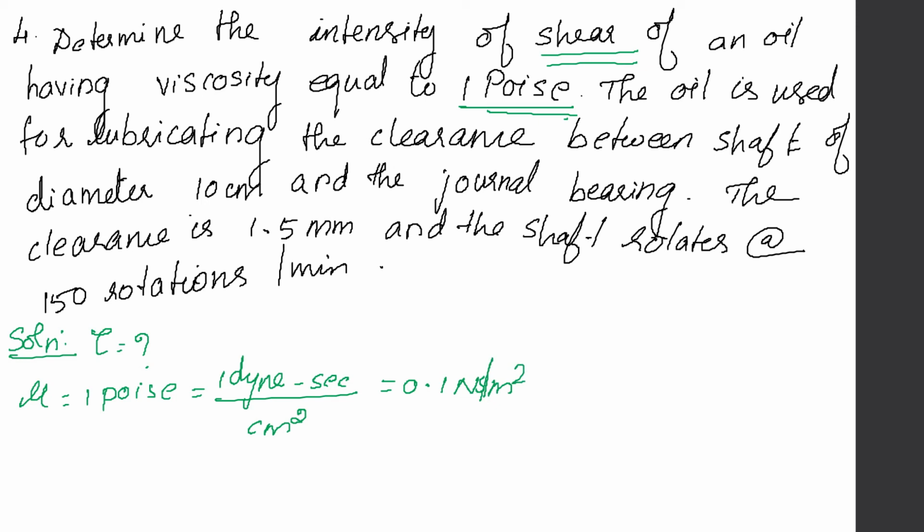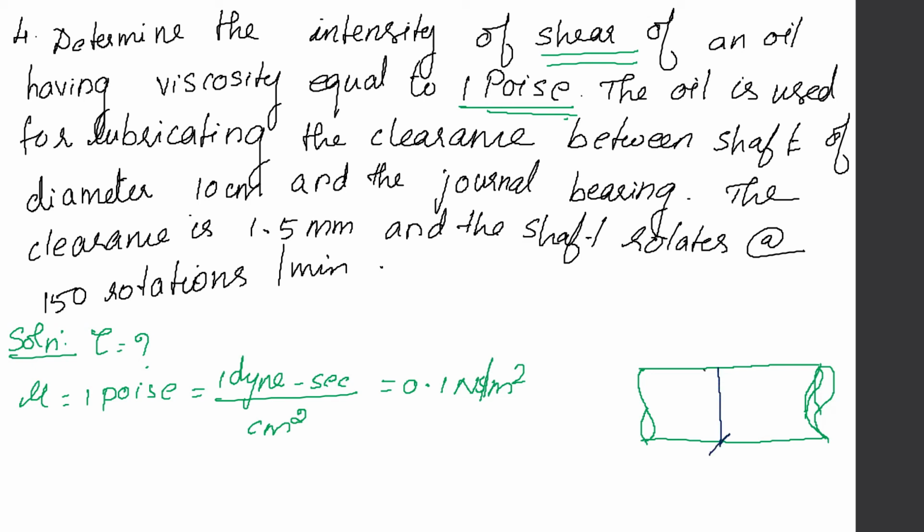Now, see, this oil is used for lubricating the clearance between the shaft and the journal bearing. So you have a shaft and a bearing. So we will draw the shaft and the bearing. Okay, so this is your shaft, a rotating, circular shaft. The diameter of this shaft is 10 centimeter.